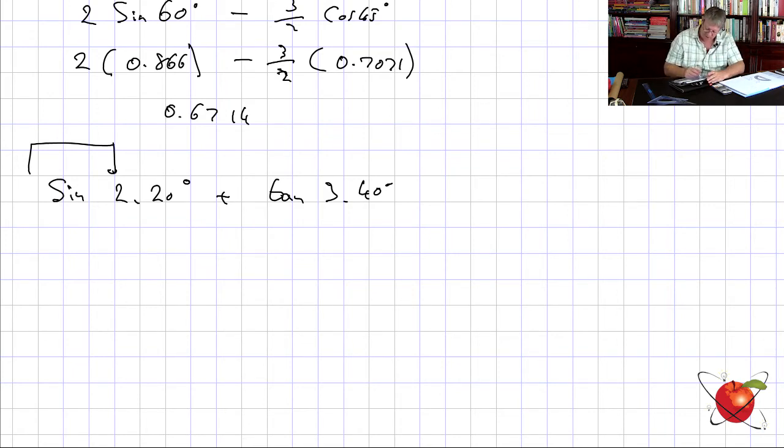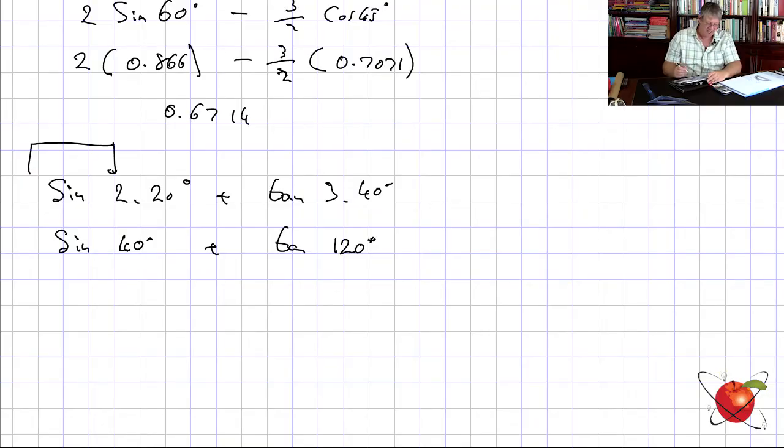So this is actually sine of 40 degrees plus tan of 120 degrees. Now you can see we're moving out of the 0 to 90. Why? Well, because we can get 120 degrees. It just goes a bit further around, doesn't it?